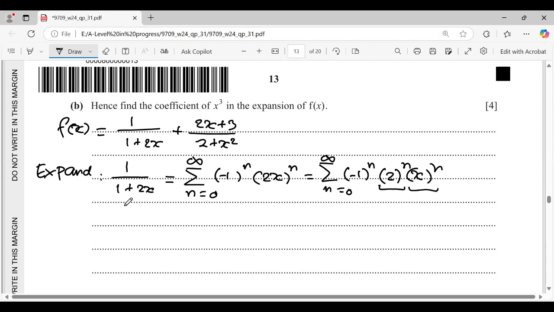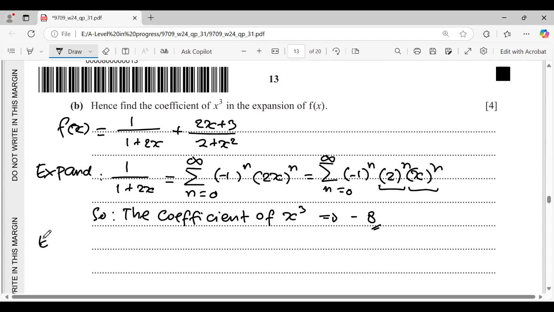So the coefficient of x cubed, if n equal 3, the coefficient is minus 8, because minus 1, if this is 3, this is minus 1 times 8. It is minus 8.